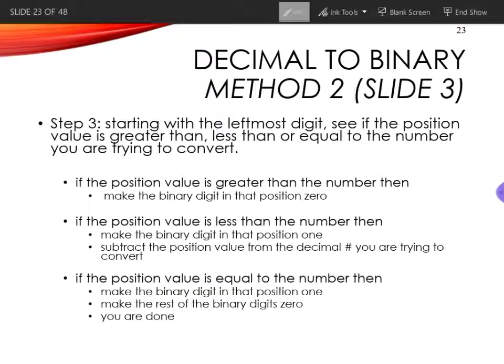After that, we start with the leftmost bit here, and we keep on checking with the value that we are trying to convert, and we compare it and see if it is greater than or less than or equal to the number for that position.